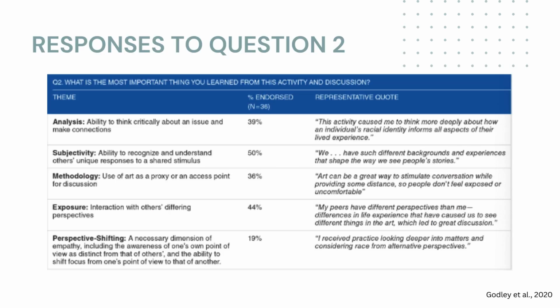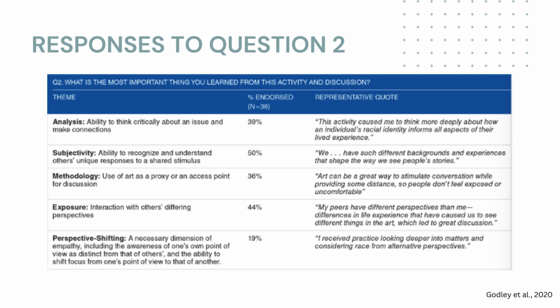This was just some responses that they had that was really interesting: it caused me to think more deeply about an individual's racial identity. We have such different backgrounds and experiences that shape the way people see stories. Art can be a great way to stimulate conversation while providing distance so people don't feel exposed and uncomfortable. I thought that was interesting just because it is removing some of the pressure that minorities may feel to educate.